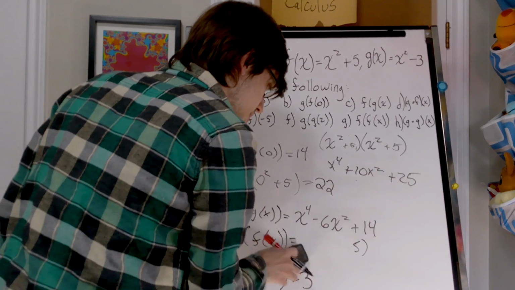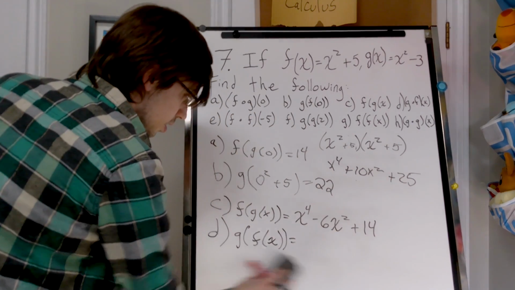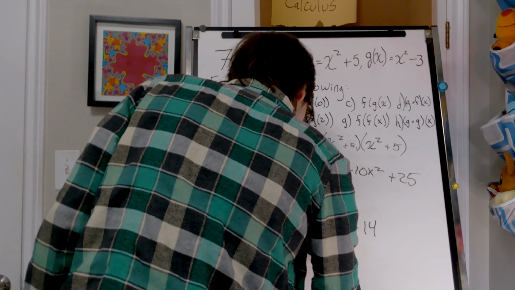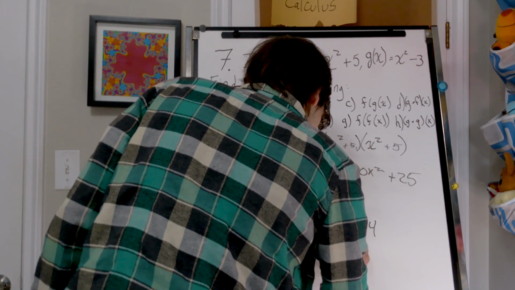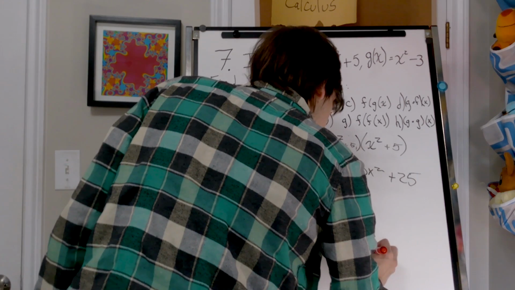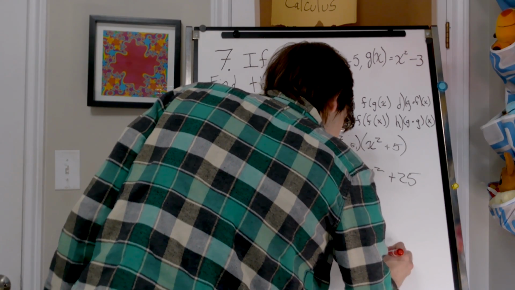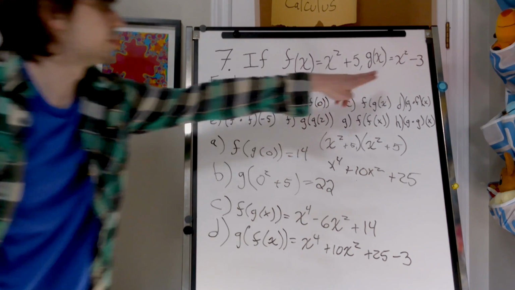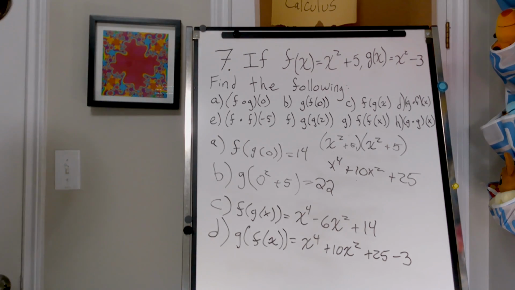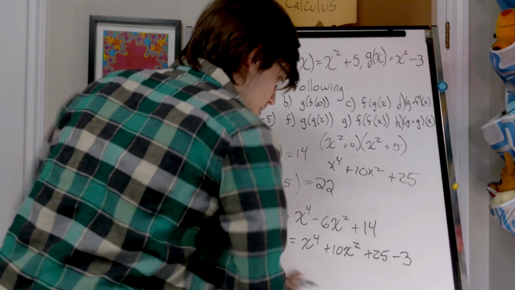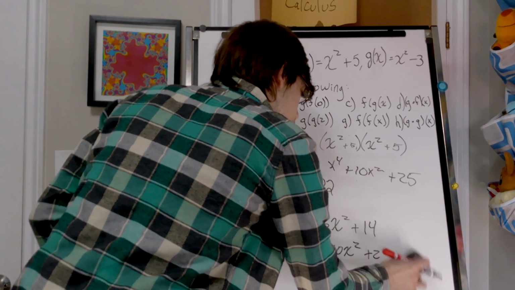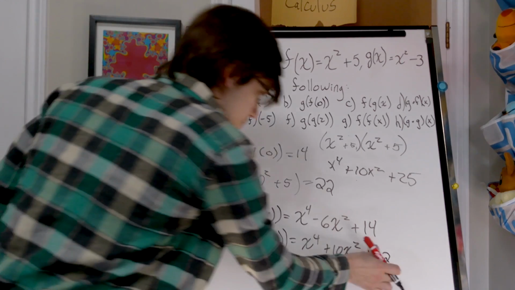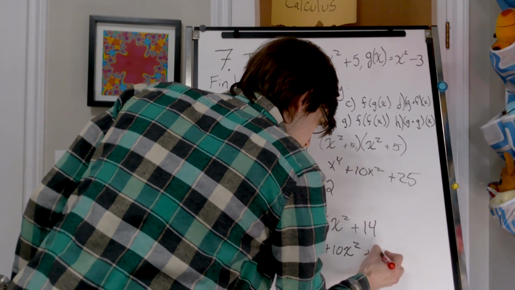So when we put it down here, we will have x to the power 4 plus 10x squared plus 25 minus 3. Don't forget the minus 3 from the G. So if we simplify that, 25 minus 3 is 22.